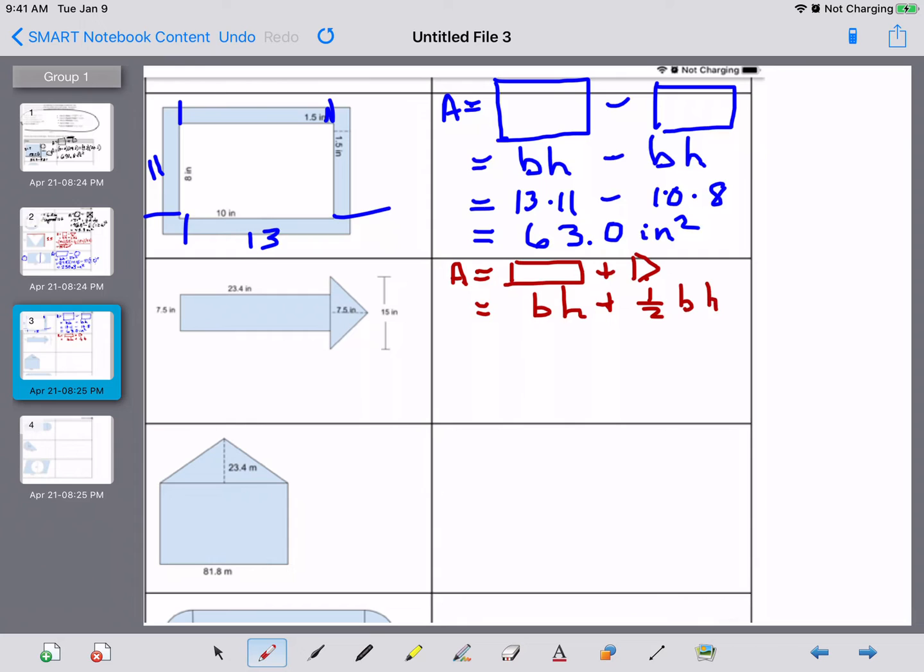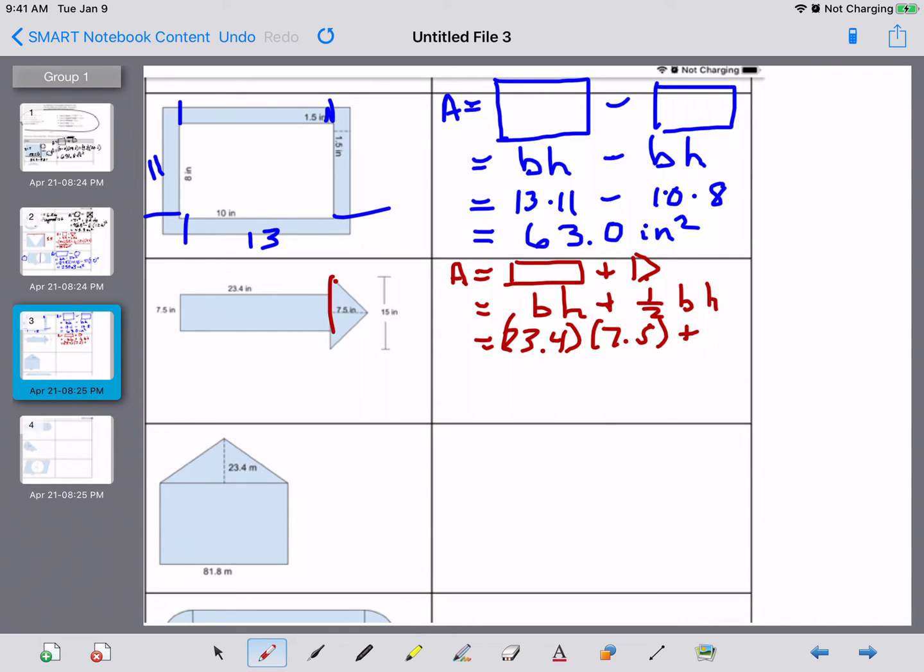Now, keep in mind, once I write down these formulas, the formulas run me. So this is really shape identification, and I've got to be able to identify the shape and know the formula that goes along with it. So I've got the base times height of this rectangle. So I've got 23.4 times 7.5 plus my base.